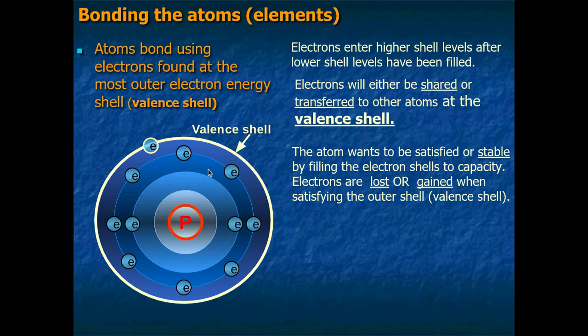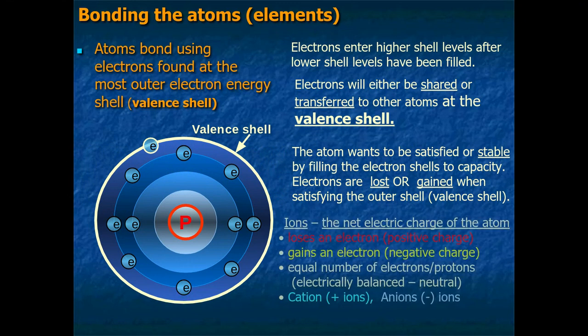Atoms are either going to lose or gain electrons. When that happens, it takes the atom from an elemental state in which it was electrically neutral and changes its charge, creating a new chemical species that we know and call ions.